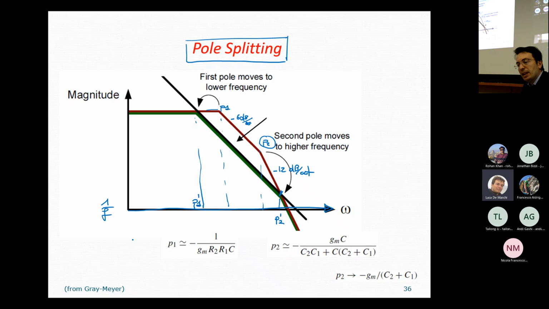This is what happens at the output, okay? Of course, we have also to charge this node here to stop I6. So basically, we have to take into account also the previous configuration, so the fact that I5 is needed to charge and discharge this compensation capacitance. So basically, the slew rate for the negative case is the minimum between these two quantities.